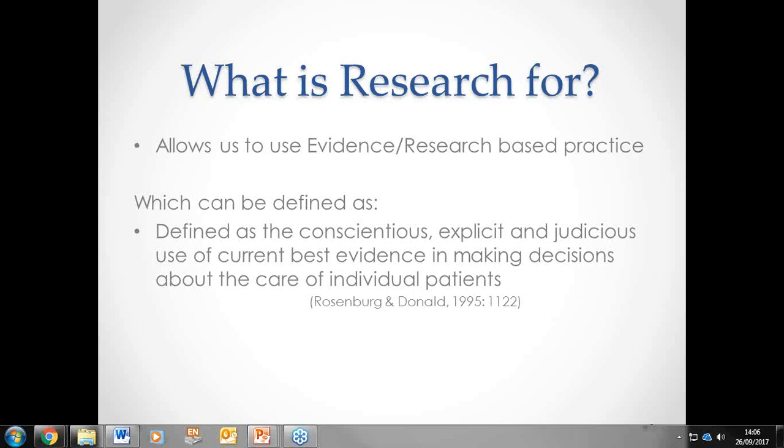So, evidence could be considered to be any written material that is available that could inform practice, not necessarily influence it. So evidence can be pretty much anything written or verbalized or produced.